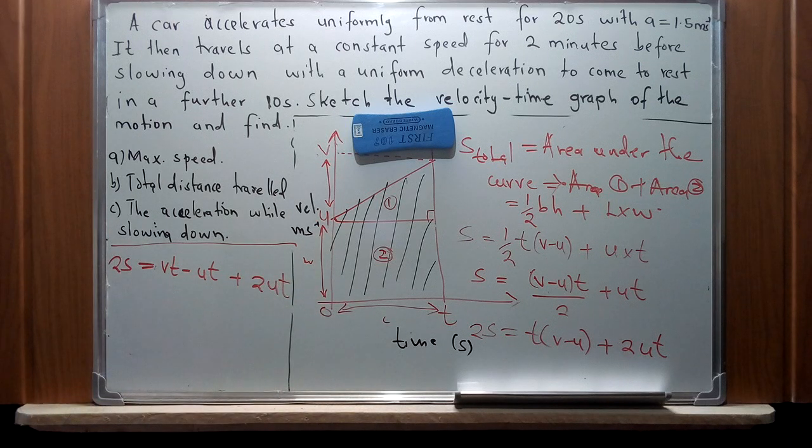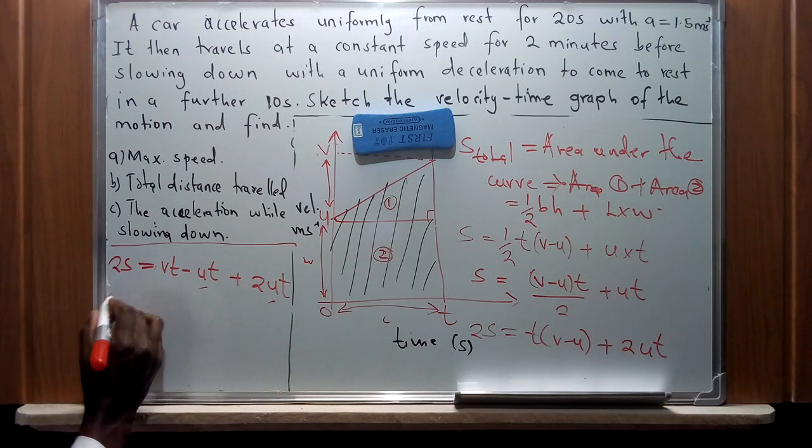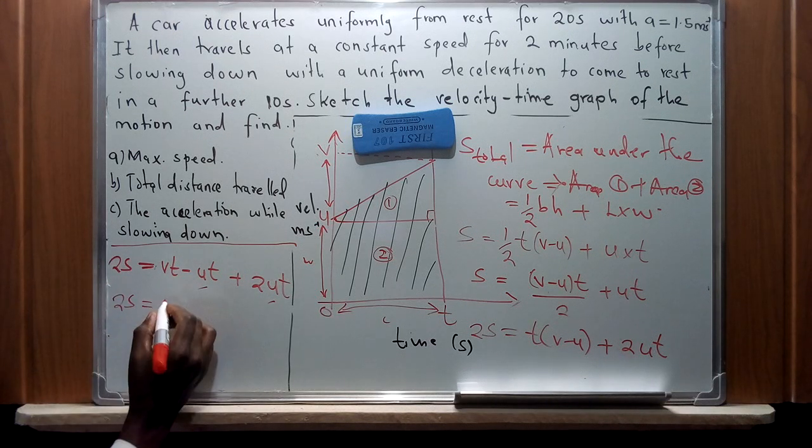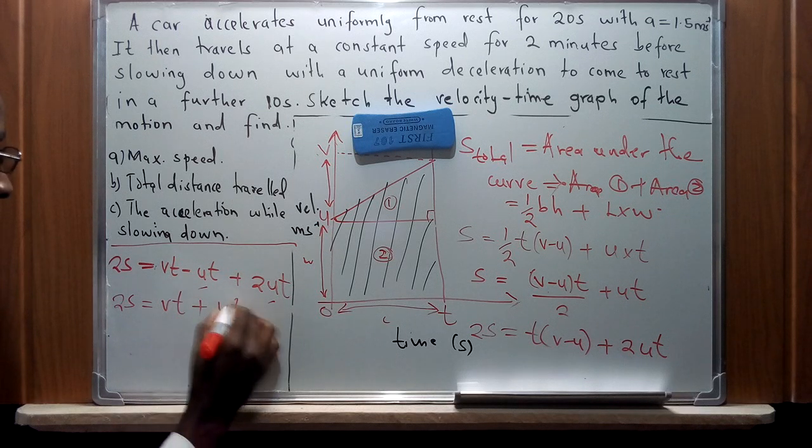We try to look at like terms here. We have this one and this one. So we should have 2s equals vt plus ut.